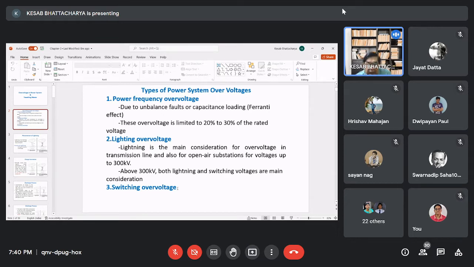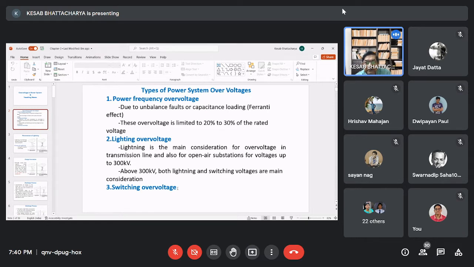And in the ultra high voltage level, it is the switching overvoltage which is considered to determine the insulation level of the system equipment. The reason being, for each and every voltage level, the basic impulse level, impulse withstand level, etc., are specified in IS specification.